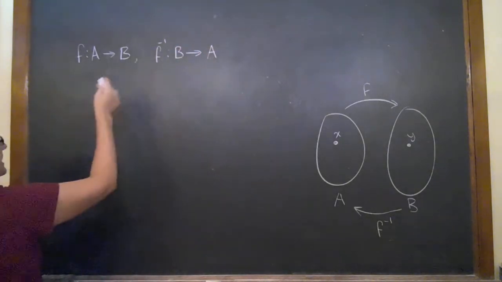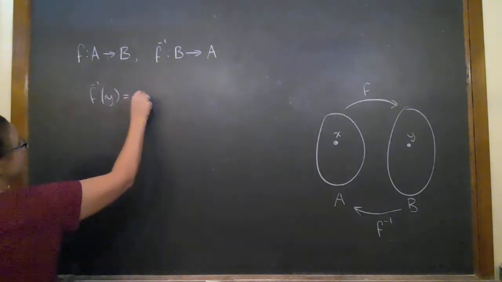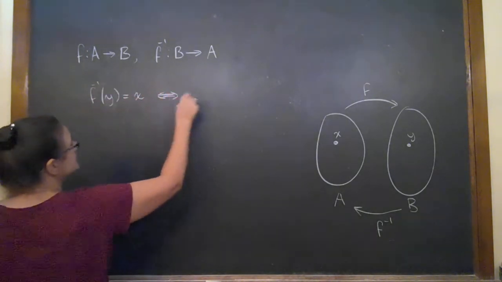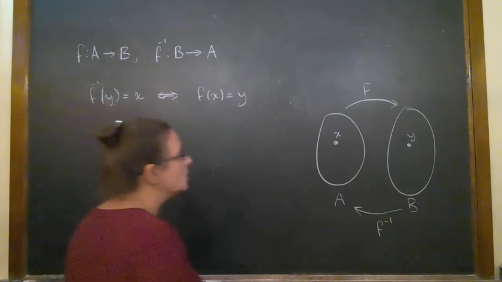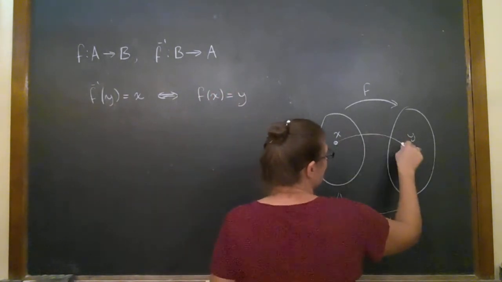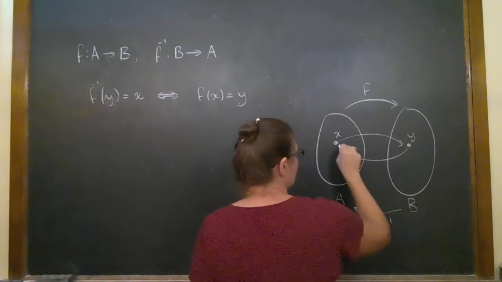And we define f inverse by saying f inverse of y equals x means that f of x equals y, right? So because I know that f maps this guy over to that guy, I know that f inverse maps that guy back over here.